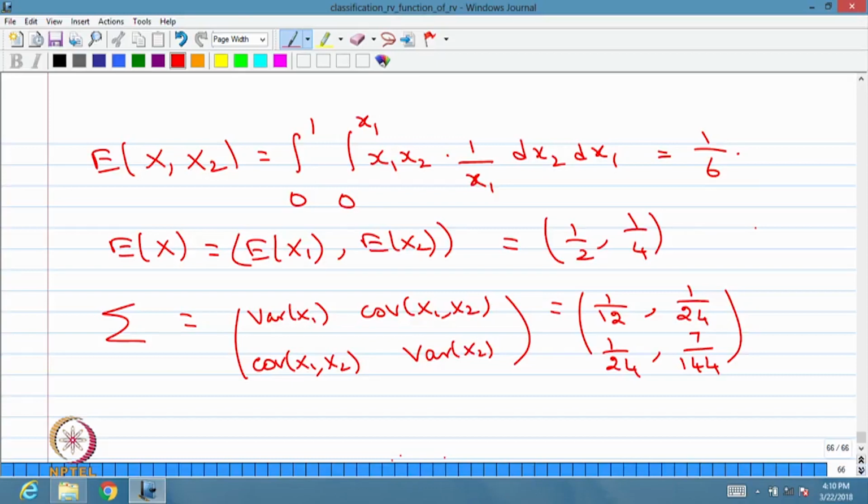Now we are going to verify whether this covariance variance matrix satisfies the condition A times covariance variance matrix times A transpose is greater than or equal to 0. Let's compute.